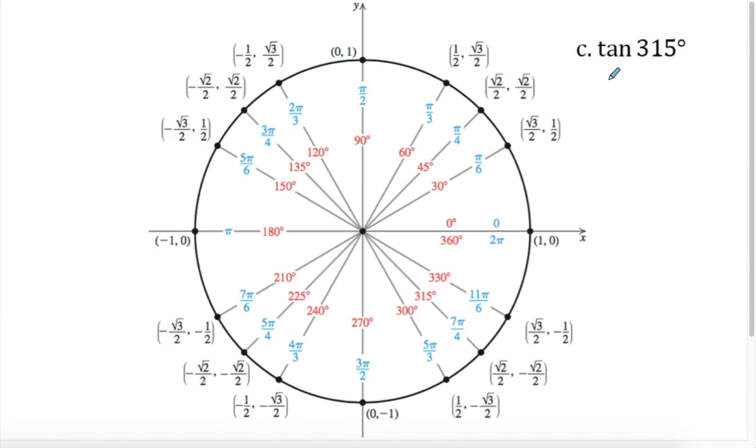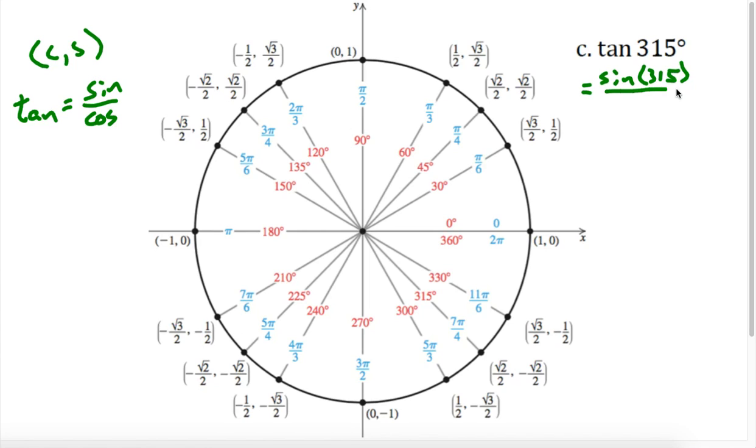The next one asks for the tangent of 315. So we haven't actually talked about tangent yet. What we just know is that our coordinates give me the cosine and then the sine. Well, we also talked about tangent being equal to sine over cosine, right? So this would be equal to the sine of 315 over the cosine of 315.